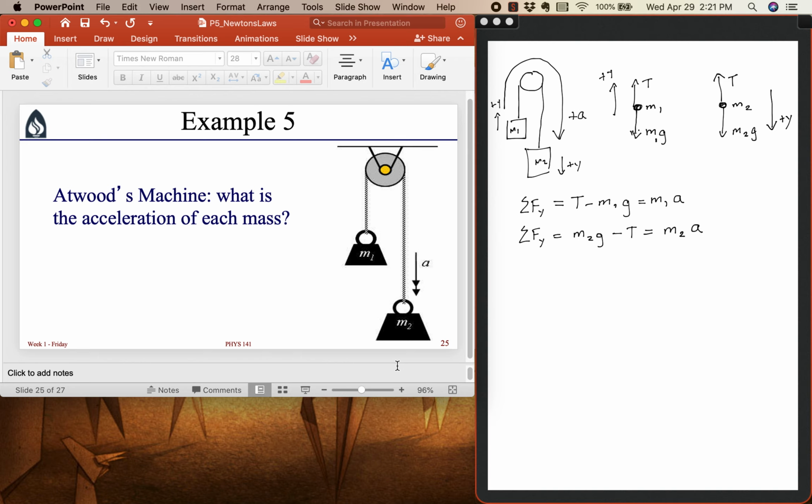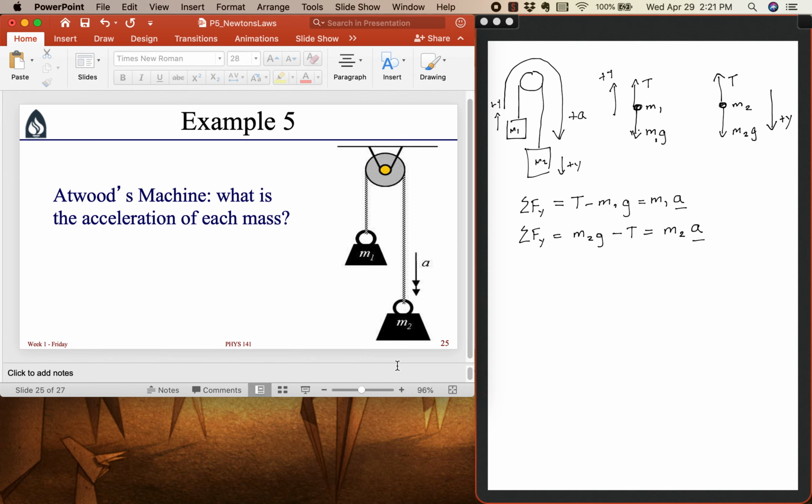Since this is the quantity that I want to solve for, I want to get rid of the other things in the equation that I don't want to have to know. And in this case, I'm assuming that eventually someone will tell me what M1 and M2 are. So the thing that I would really rather get rid of in this equation is the tension force.